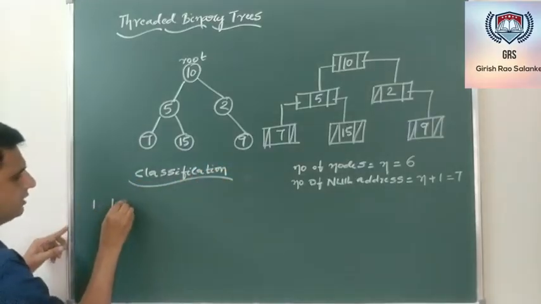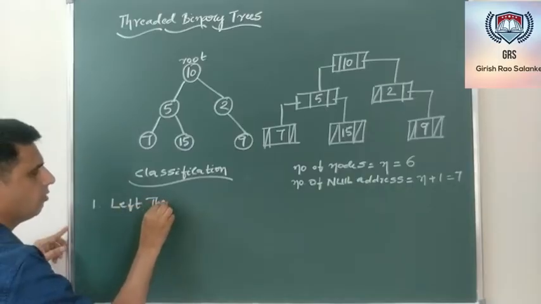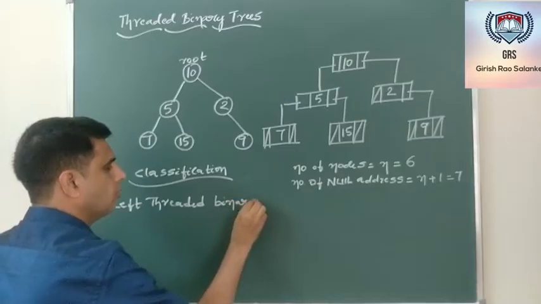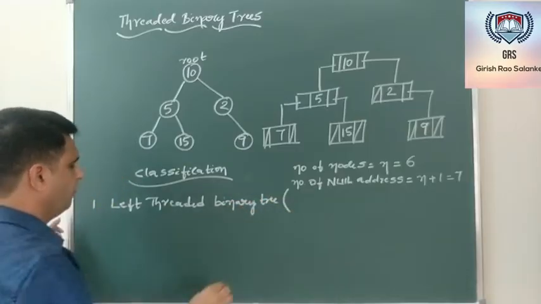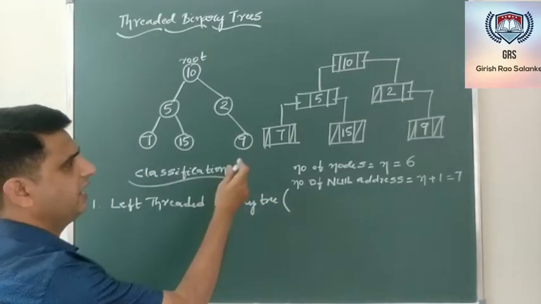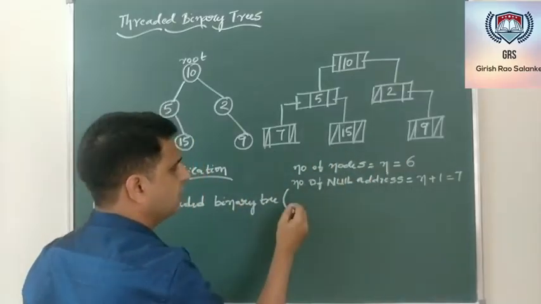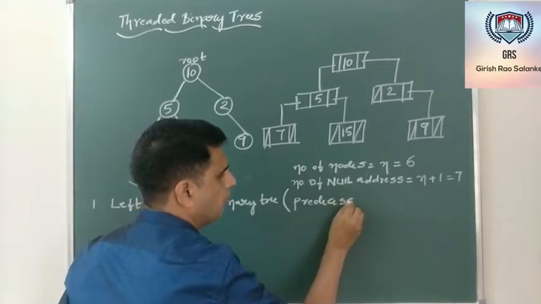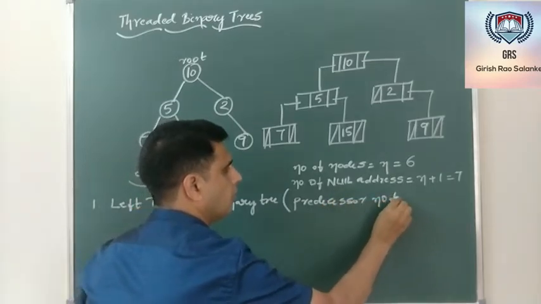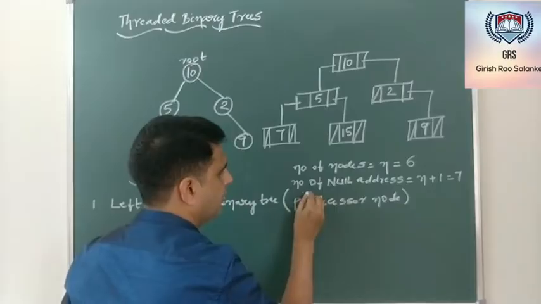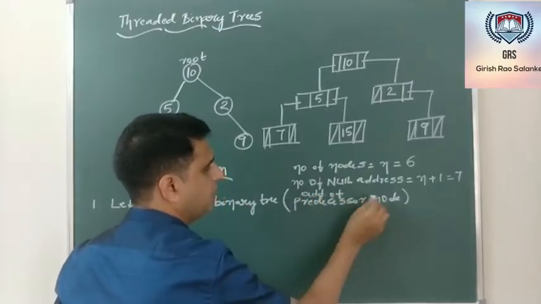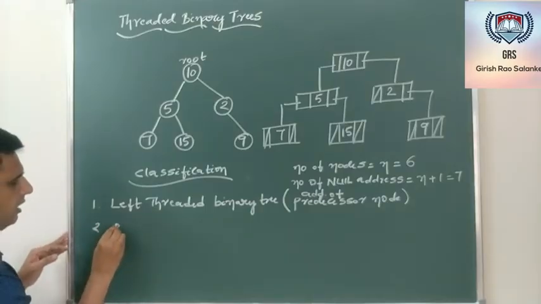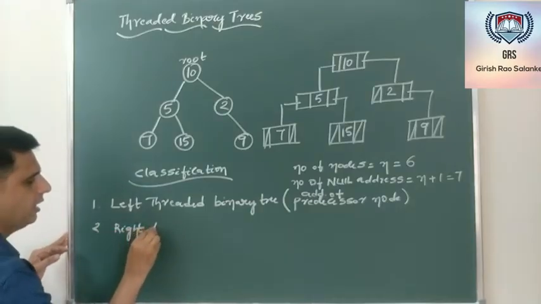The classification can be left threaded binary trees. In the case of left threaded binary trees, in the left addresses, we will store the address of the predecessor node. The second classification I can call right threaded binary trees.